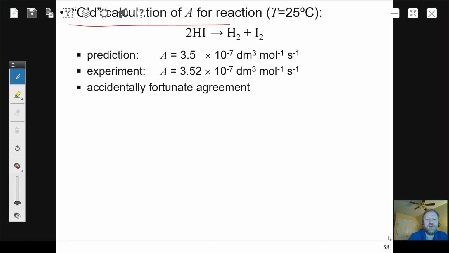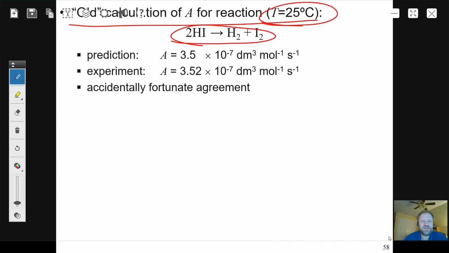For example, in this slide, I'm showing the so-called old calculation of the pre-exponential or frequency factor A for the decomposition reaction of hydrogen iodide into diatomic hydrogen and diatomic iodine at room temperature, and there is a strikingly similar agreement between what's predicted from collision theory, again using the hard sphere approximation for molecules, and the experimentally determined pre-exponential factor from, of course, the Arrhenius plots.